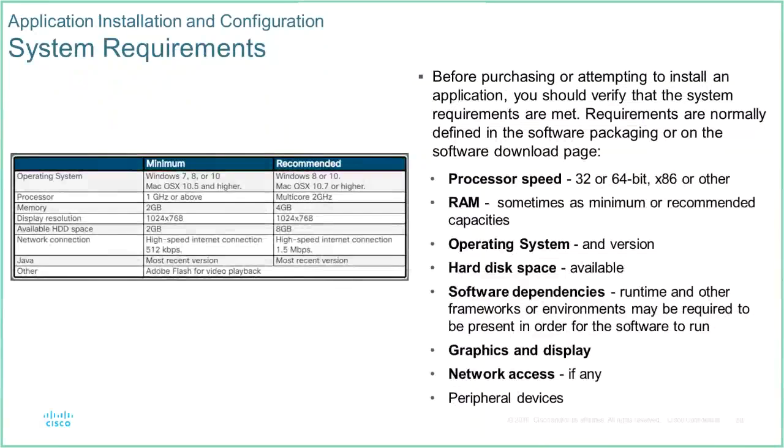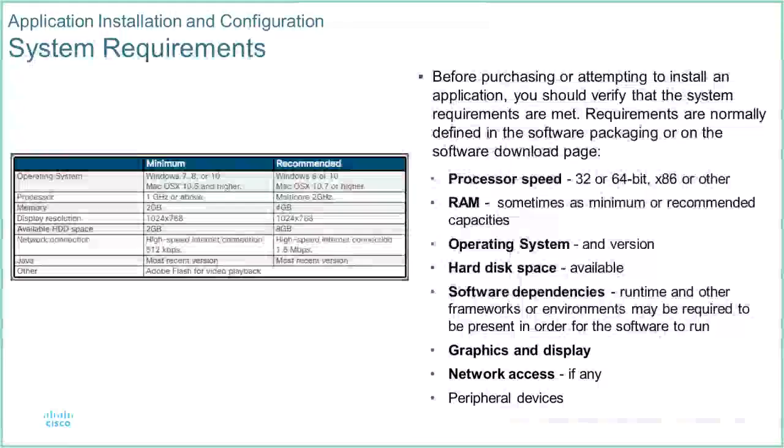Okay, system requirements. You should always have an idea of what these are before you make any changes to your systems. Just because you've got the minimum requirements doesn't mean you should install your operating system on it.